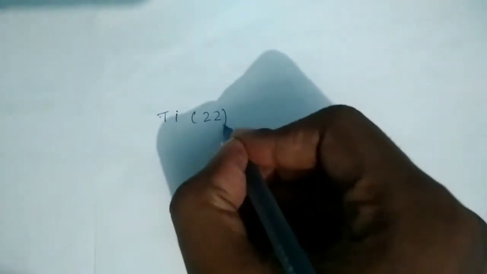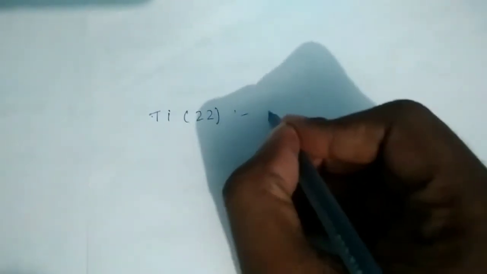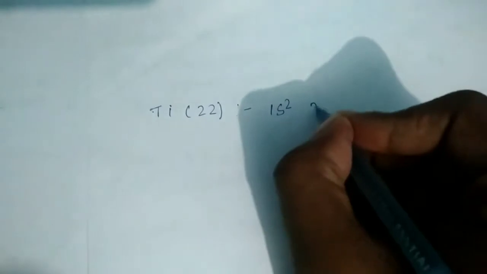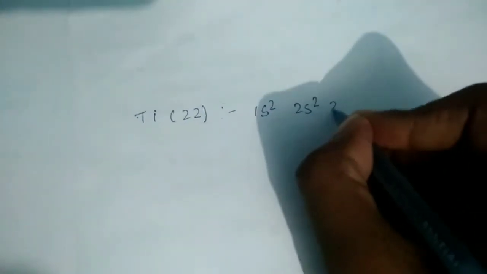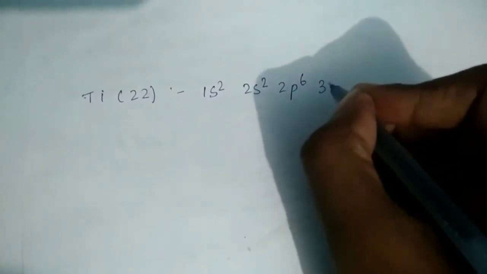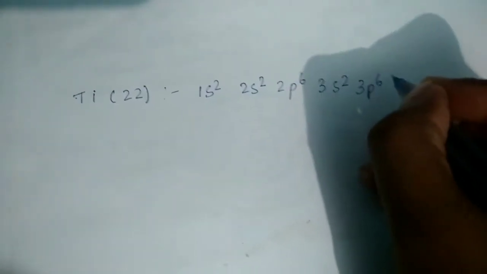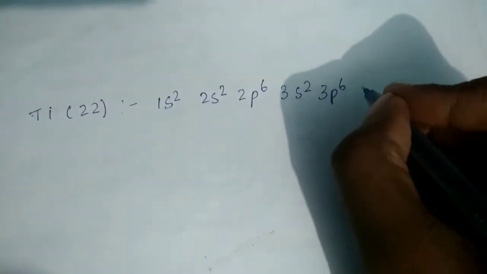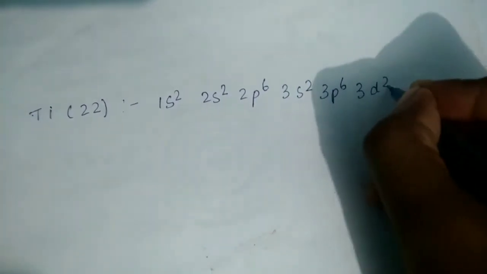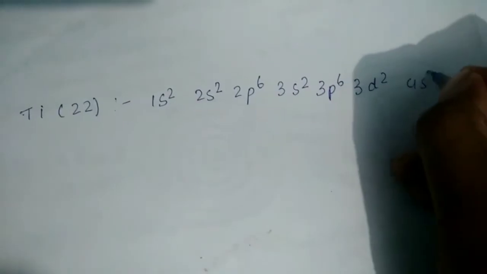Now let's calculate for a d orbital. Let's take an example of titanium. The atomic number is 22. The electronic configuration will be 1s2, 2s2, 2p6, and it will go for 3s2, 3p6, and the electrons will go to 3d2 and 4s2.